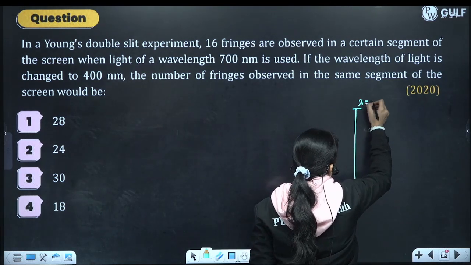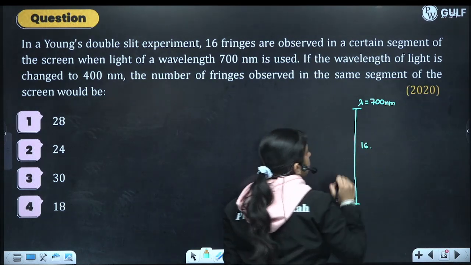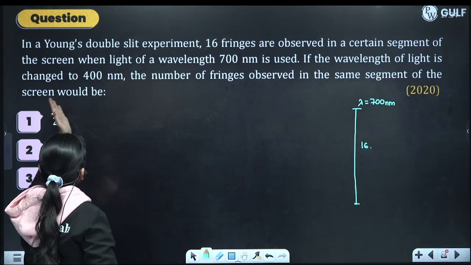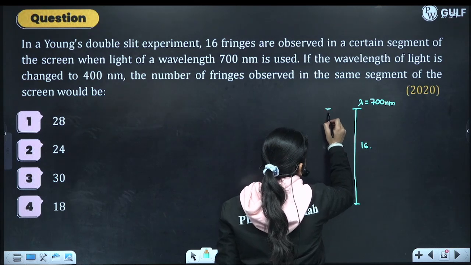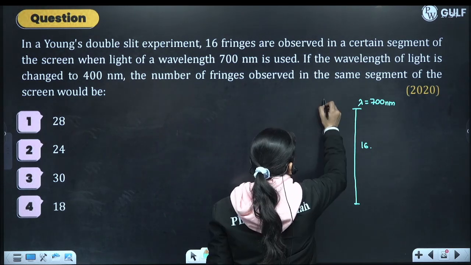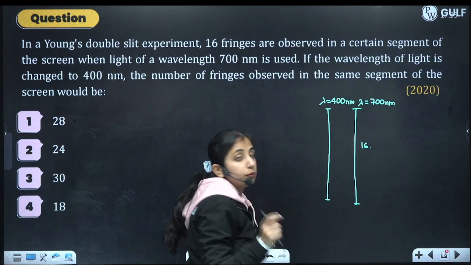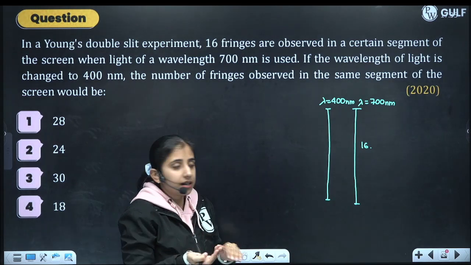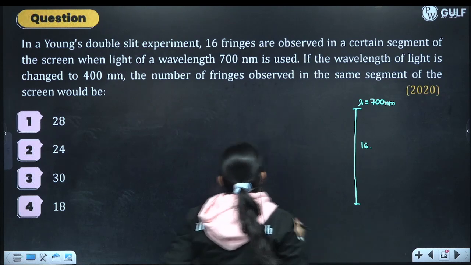When we use lambda as 700 nanometer, 16 fringes are obtained in this. If the wavelength of light is changed to 400 nanometers, the fringe width will decrease, so more number of fringes will occupy the same length.